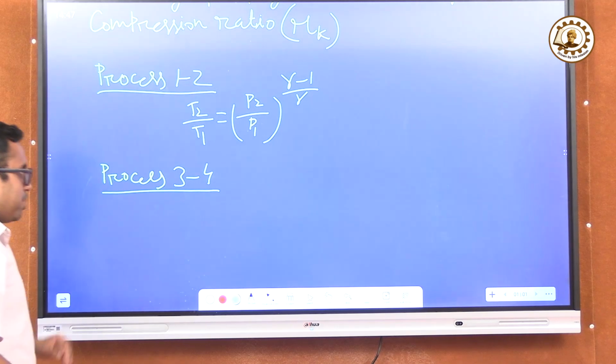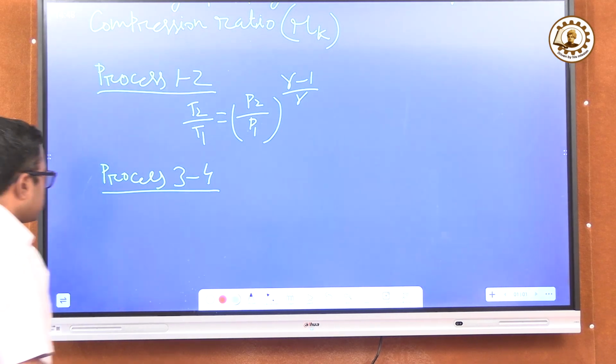Process 3 to 4 is also an adiabatic process, which is known as the power stroke.